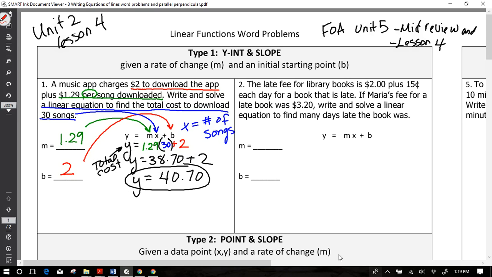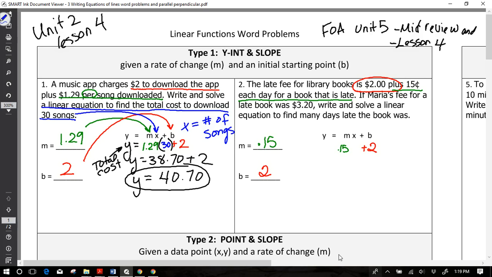So the late fee for library books is $2. That's a one-time fee. Plus, they charge 15 cents each day that a book is late. So 0.15 because it's 15 cents. I'm going to plug these in, and now I'm ready to read the question.